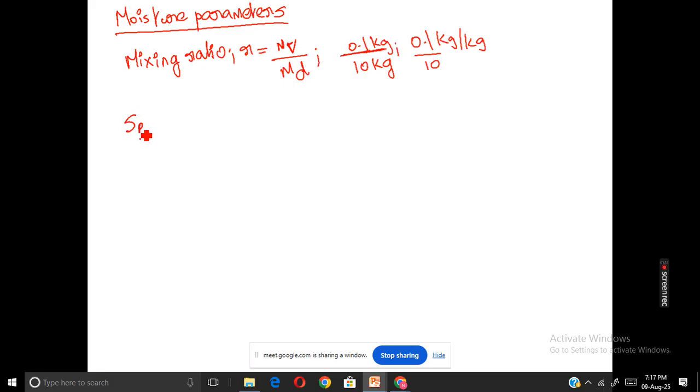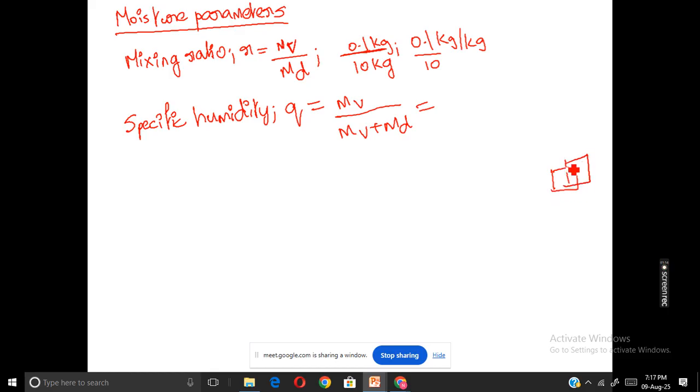Now there is another parameter, which is known as specific humidity. This is generally represented by the small letter q. This gives you the mass of water vapor by the total mass of air. When we consider a moist air parcel, it has dry air and it has water vapor. So it has mv amount of water vapor and md amount of dry air.